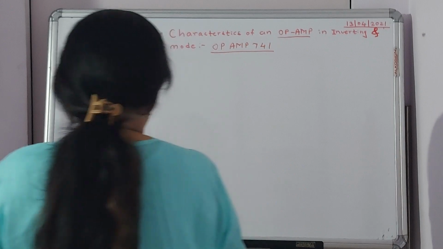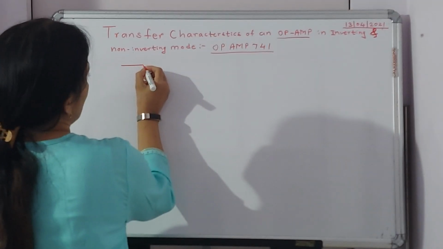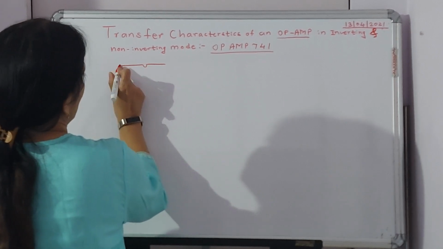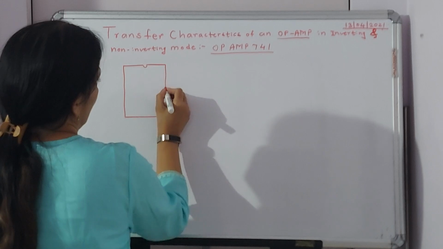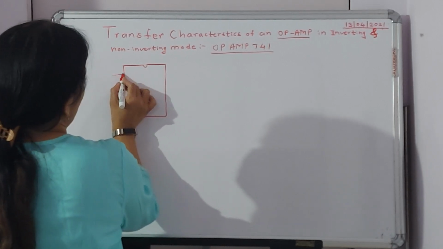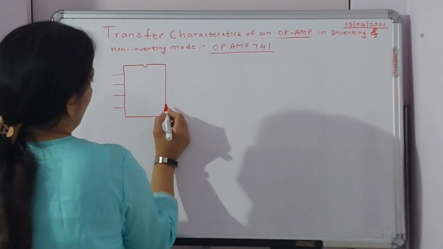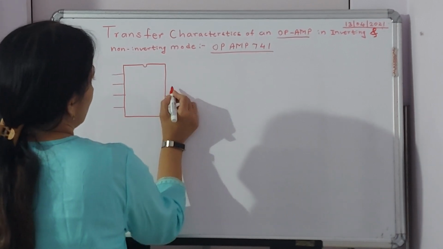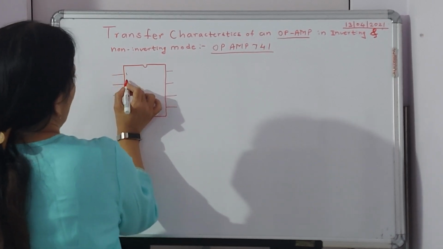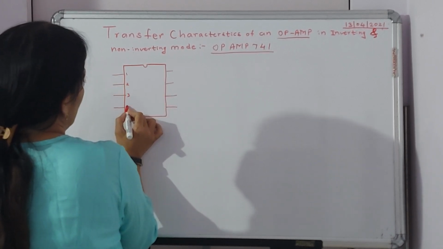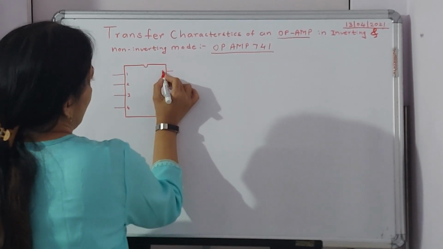So this op-amp is basically an 8-pin IC drawn in this fashion. So this is pin number 1, 2, 3 and 4, 5, 6, 7 and 8. So I'll write it this way: 1, 2, 3, 4, 5, 6, 7 and 8.